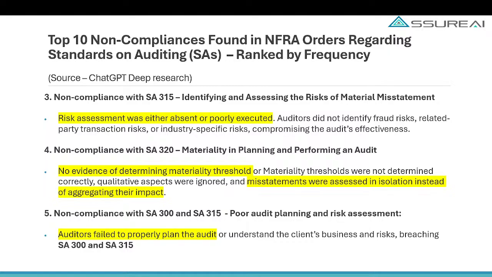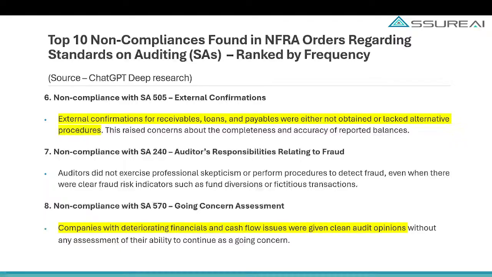Auditors failed to properly plan an audit. So the planning is the phase from where the audit actually starts in Assure. So you just plan certain procedures to be applied and then it is getting executed by the team members with a clear audit trail. External confirmations for receivables and loans are either not obtained or lack alternative procedures. So for external confirmations, generally there is a manual process that is being followed.